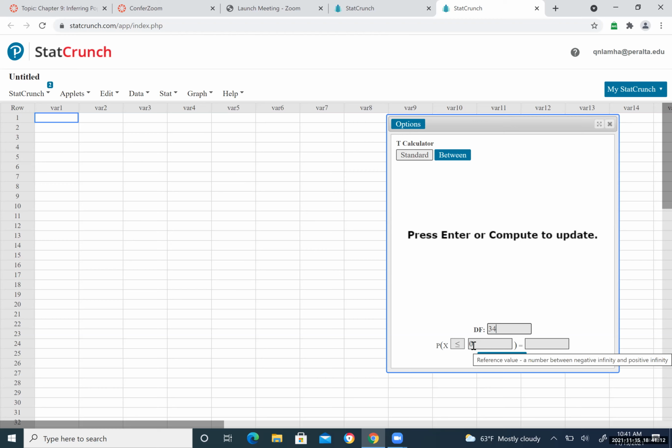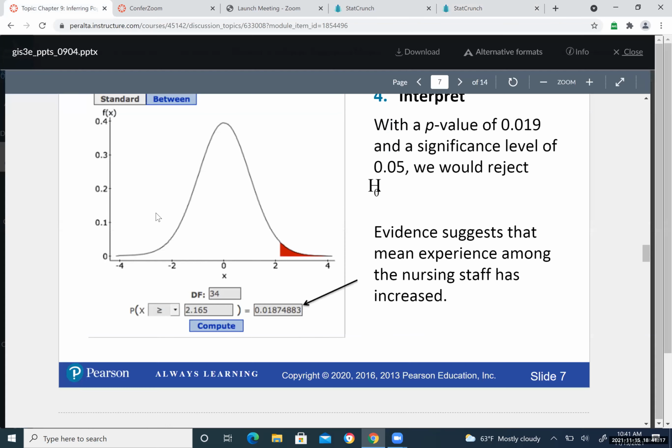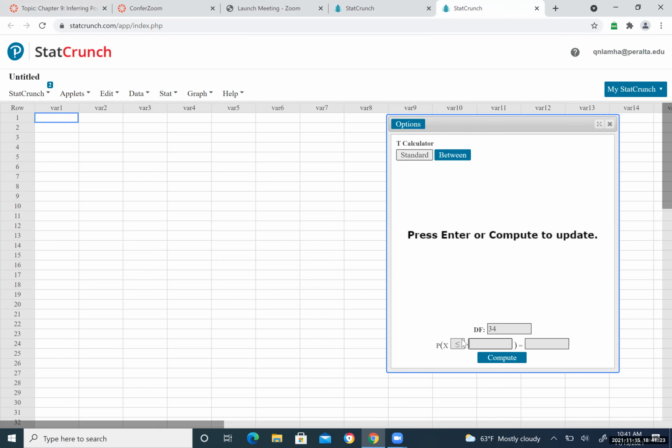And this part is what? Let me see. 2.165. This is greater than, right? Because it has increased. 2.165. Let's follow that and compute to see what happened.